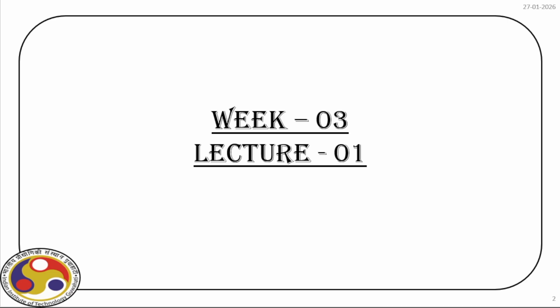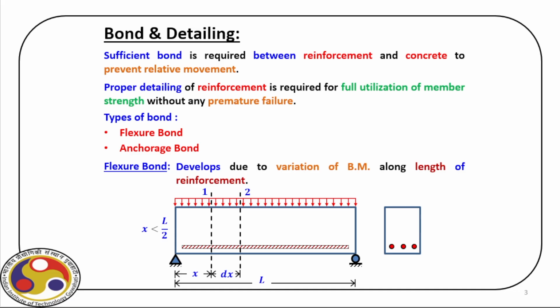So, let us first start with the bond and detailing of this beam design. Now, when we cast a beam, as you can see on your screen here, we have rebars at the tension zone, and then we also have concrete which is giving the shape of this beam, having a width B and effective depth D. Now for a rectangular beam we actually have rebars at the bottom to take tension, as we all know, concrete is weak in tension.